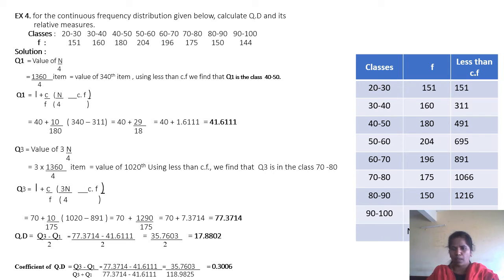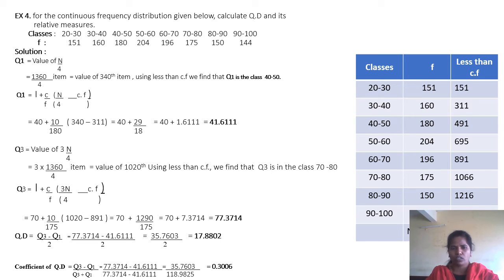First you prepare the table. The first column is classes, the second column is frequency, and the last column is less than CF. Let us go through the first step. We have to find Q1, the value of the n/4th item. What is the total n here?